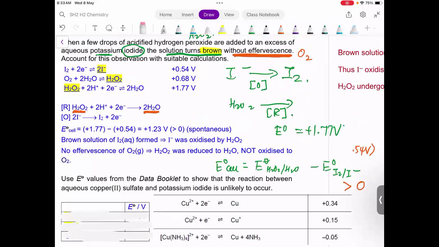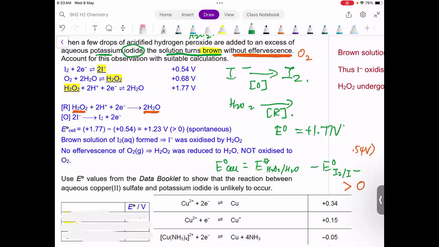I2, yeah. So I2 here is the brown solution. I know that iodine is not really soluble in water, so the brown solution is actually something else. Some of the iodine can dissolve in the aqueous medium to give you the brown solution.